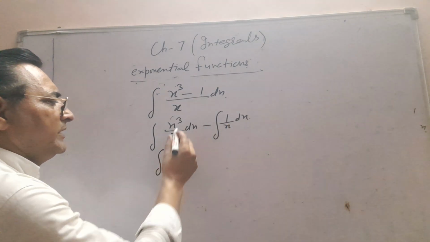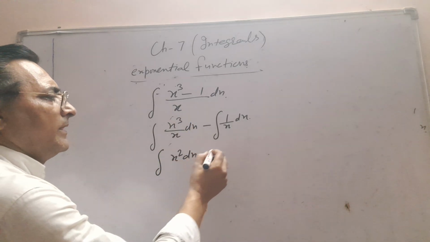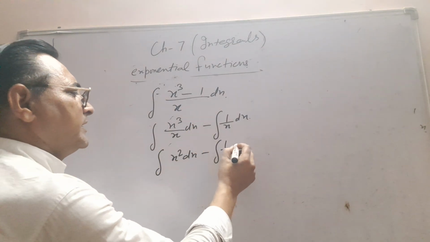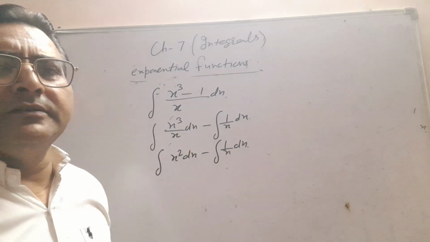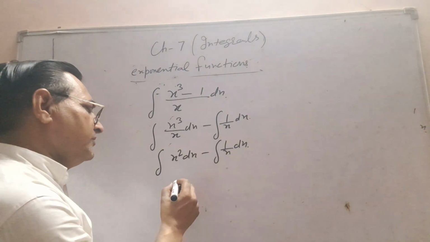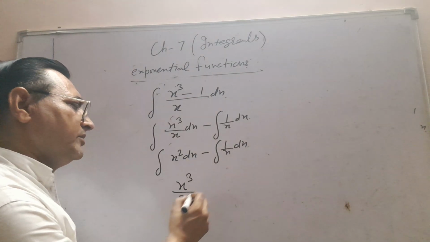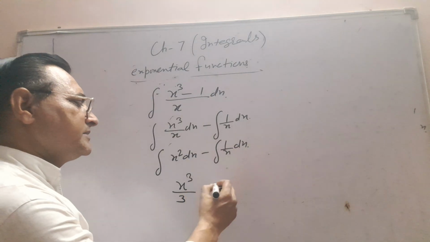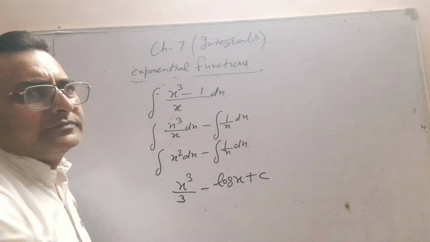So here it will be x square, the power will be subtracted, minus 1 by x into dx. So here what will be its integration? It is x power n, so n plus 1, we will write 2 plus 1 is 3, the same number in the denominator, minus 1 by x, whose integration is always log x plus c.